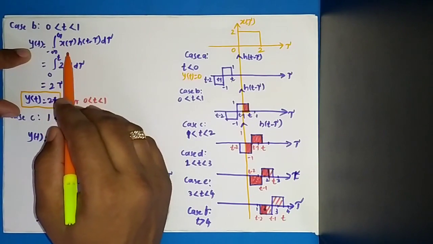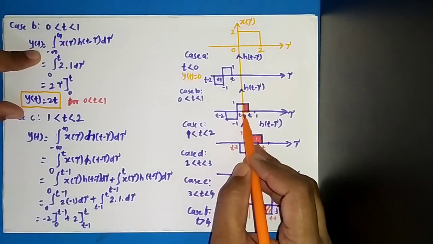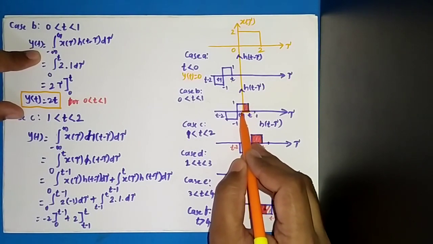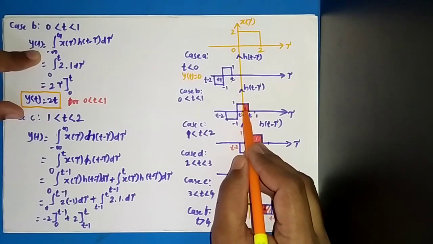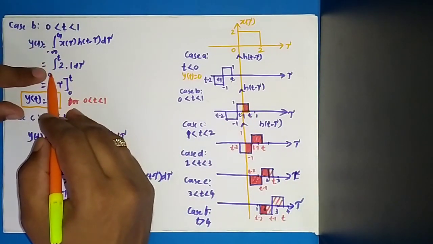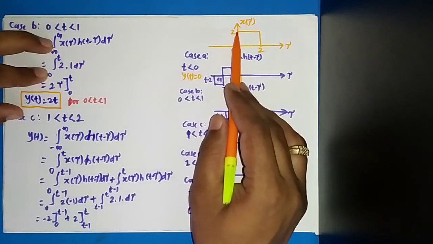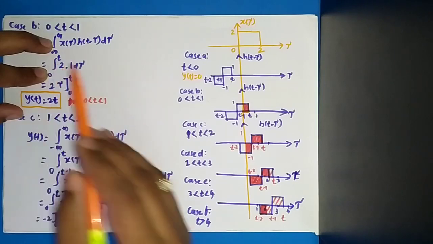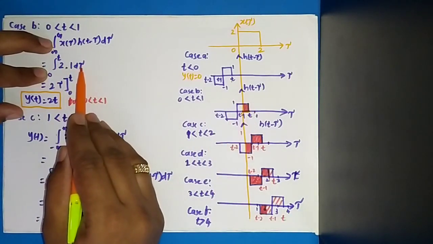If I substitute, you can see the limits are from 0 to t, because 0 is the origin here and our signal ends at t here, and only this is the region of overlapping, that's why the limits will be 0 to t. Then x of tau has amplitude 2, so its value is 2, and h of t minus tau has amplitude 1, that's why it is 1, d tau.